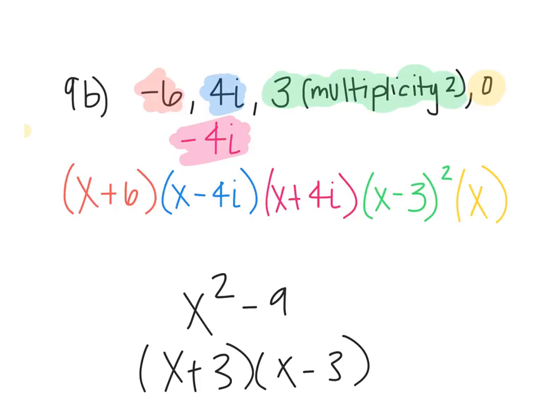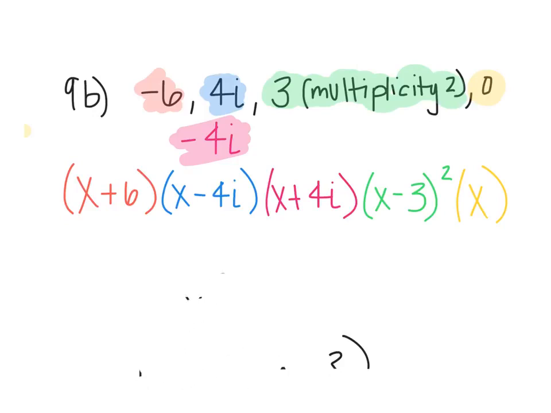But if you start with multiplying, and I saw this a lot yesterday, people were trying to multiply x plus 6 times x minus 4i, and you end up with some awful things in there. So always multiply the x minus 4i, x plus 4i together first, so that all the i's go away, and then do the rest of your multiplication.